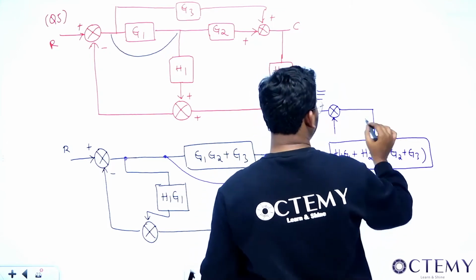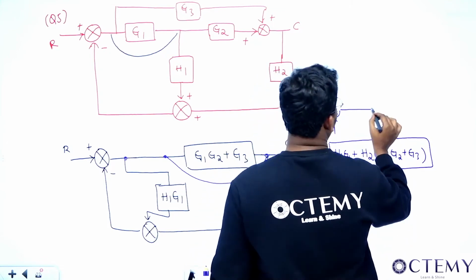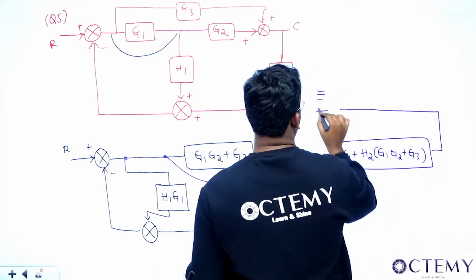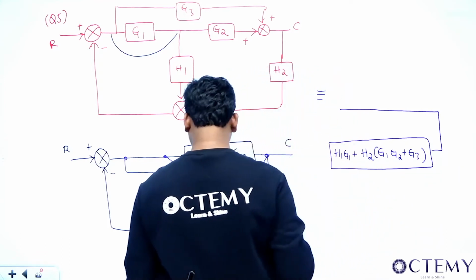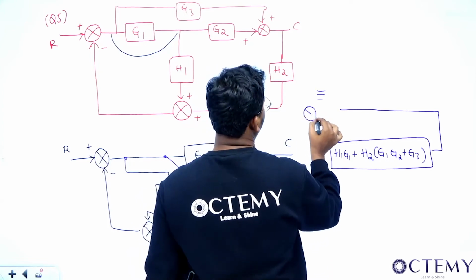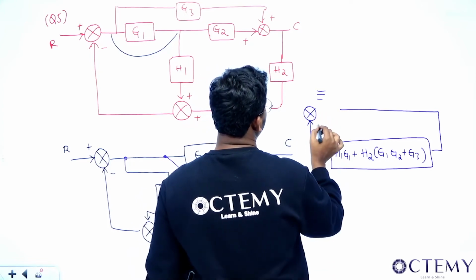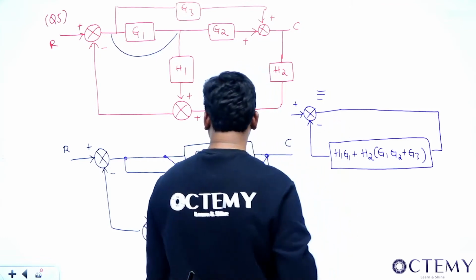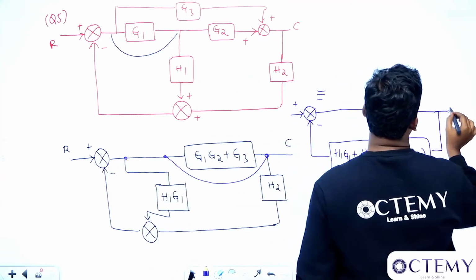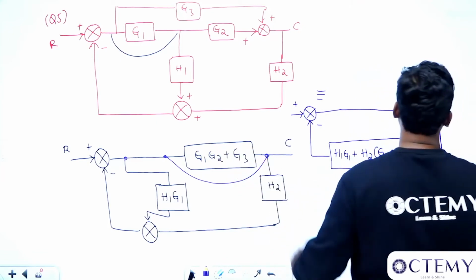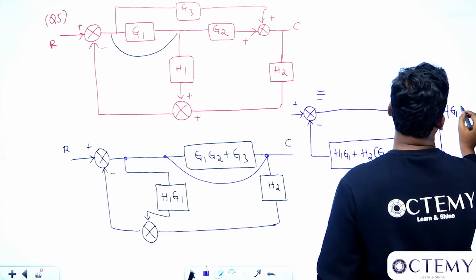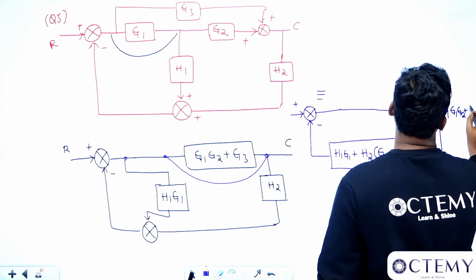So this is what this block will look like now. So this will be the summing point here. This is negative, this is plus, right? And after this, what do you have? After this, you will have G1 G2 plus G3.